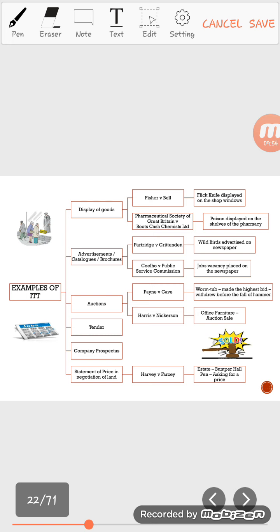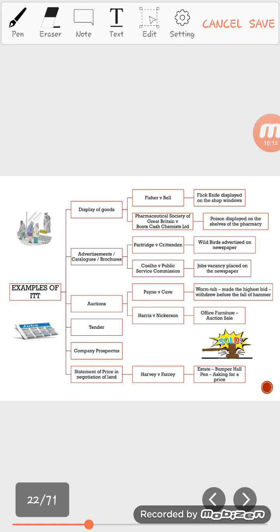When the person made an offer, even though the defendant did not accept it, it doesn't amount to an acceptance.